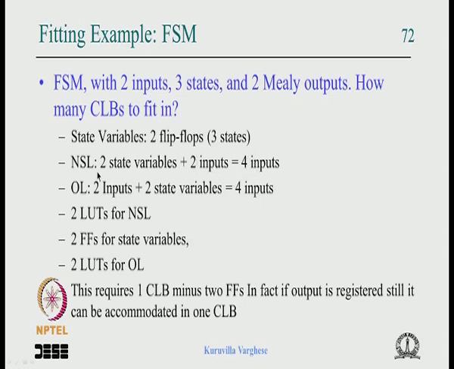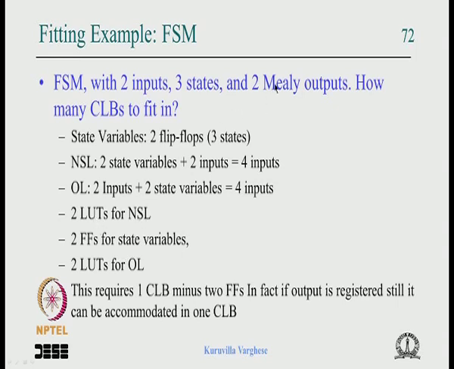And you know that there are 2 state bits, Q1 and Q0. So we need to decode for D1 and D0. So 2 4-input lookup tables are required, okay, because 1 4-input lookup table is required for one bit, and so you require 2 4-input lookup tables for the next-state logic.